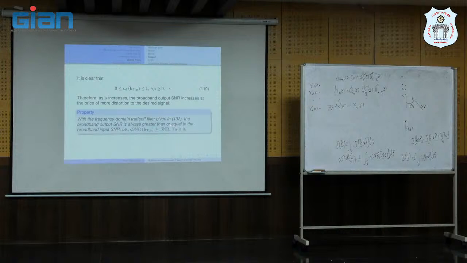When do you have equality here? Do you have some equality? When? When the broadband output SNR will be equal to the broadband input SNR using the trade-off.